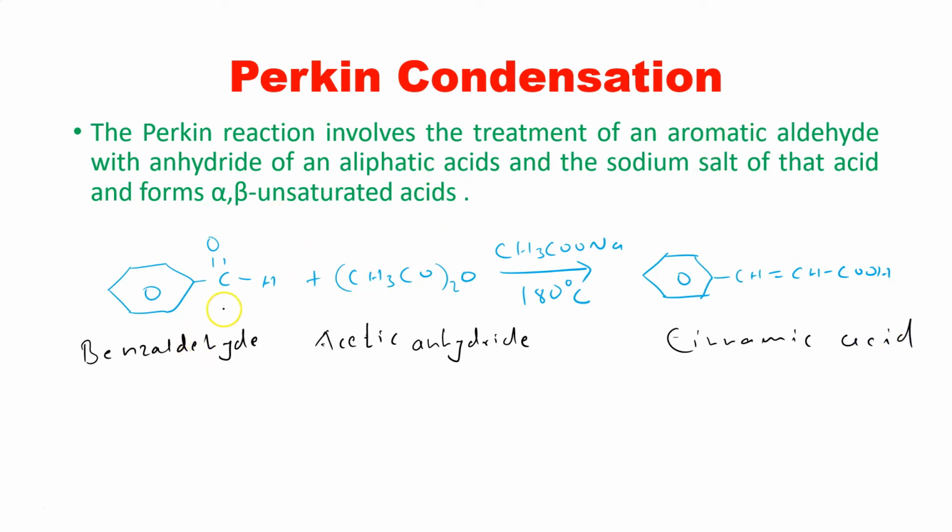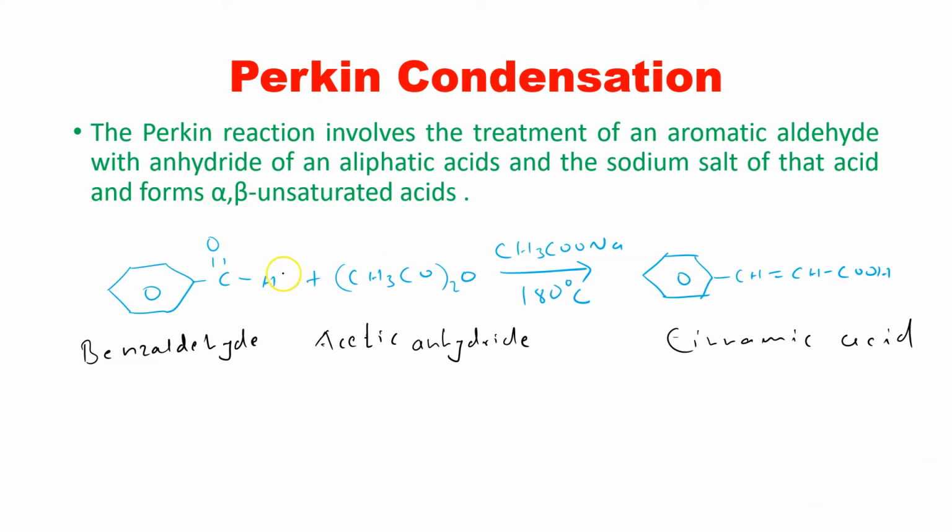Aromatic aldehyde, that is benzaldehyde, and anhydride of aliphatic acids. So acetic anhydride, it is an aliphatic anhydride, and the sodium salt of that acid. So that is sodium acetate we are utilizing, and it has been heated at 180 degrees Celsius and we get a cinnamic acid as the product.